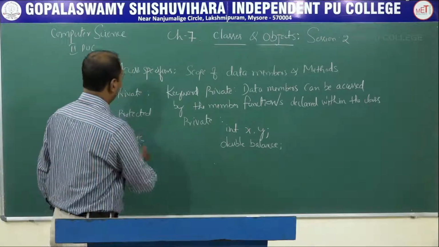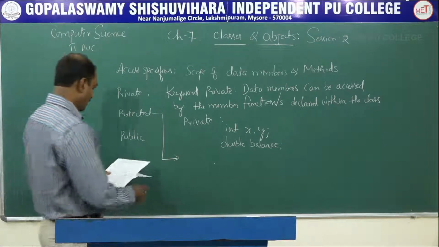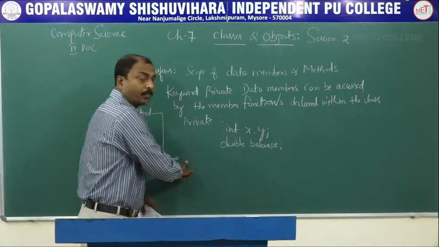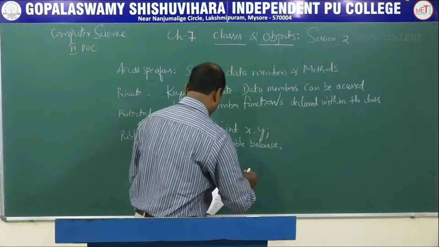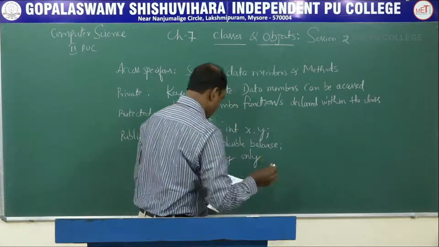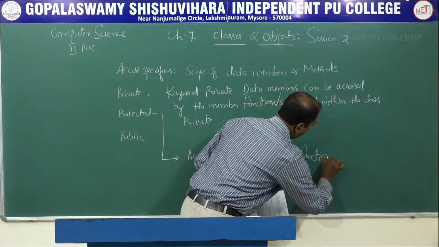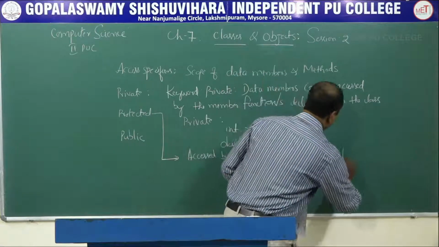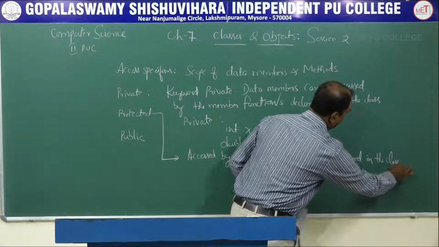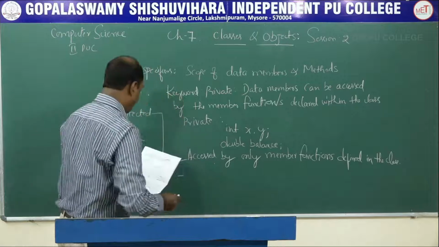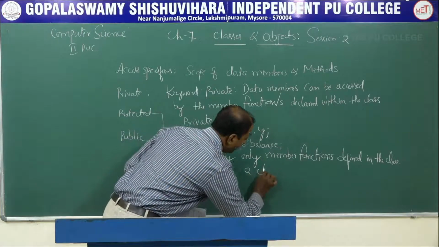Now let us look at what protected is. The members declared under protected can be accessed only by member functions defined in the class, and the second point is that they can also be accessed by a friend of a class.